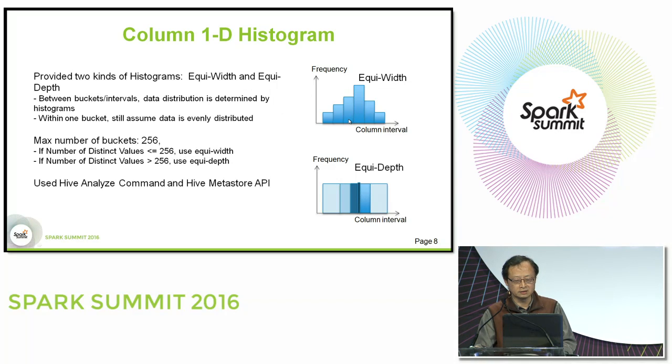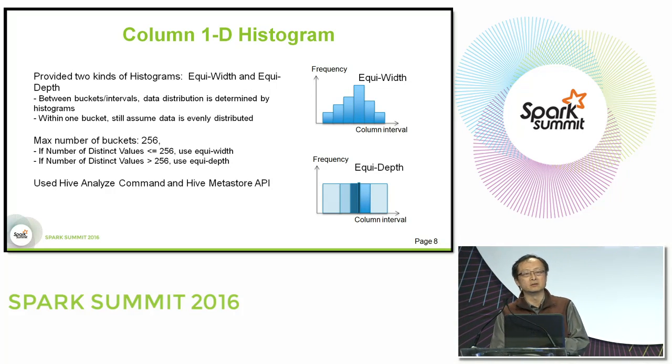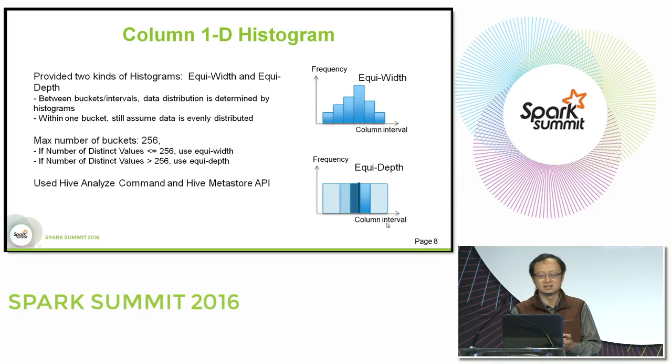That is equal width. However, in the real world, very often we have skewed data distribution. We have found out that it would be better to utilize an equal depth histogram. Basically, the width of the column interval is not fixed. It can vary, depending on how sparse or how dense each interval is.